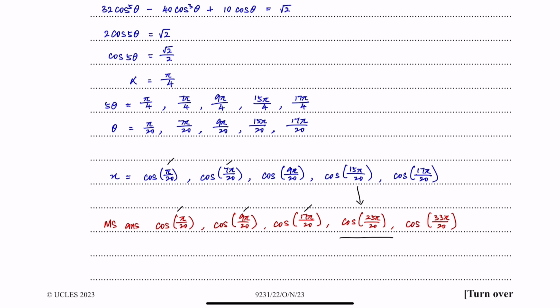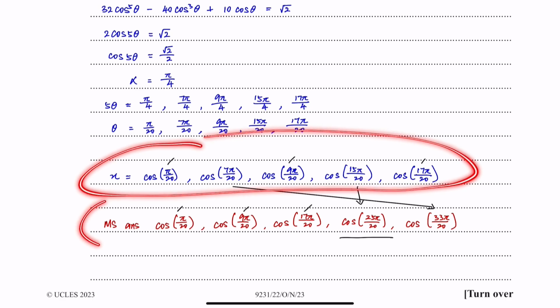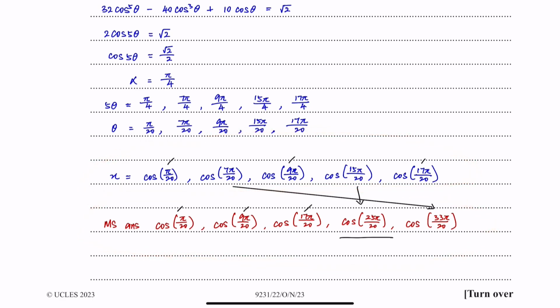And now, these two are actually equivalent if you type it into your calculator. And this is actually equivalent. So don't worry, you can write this or this as your answer. They are both correct.